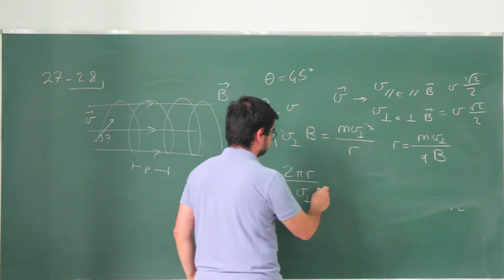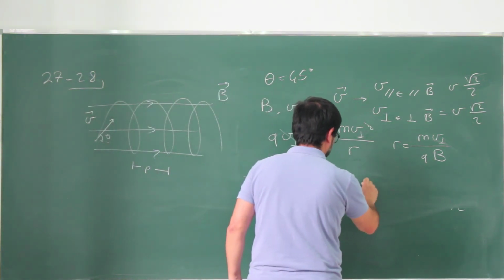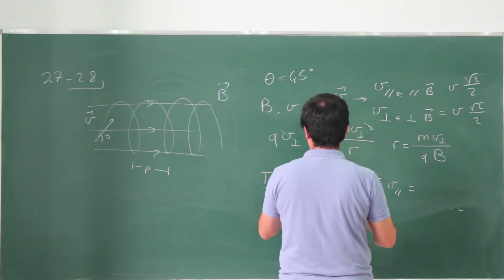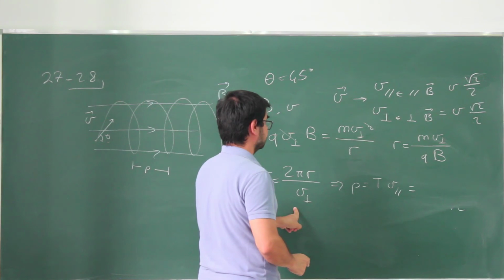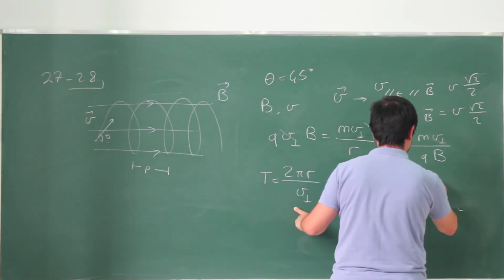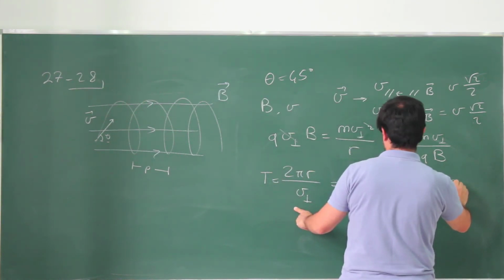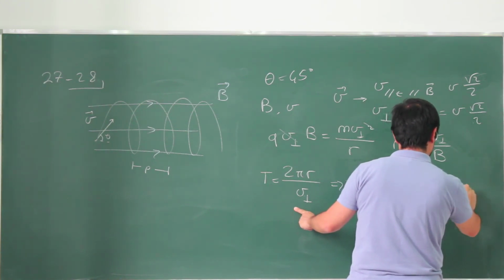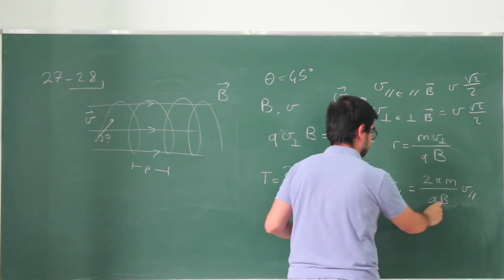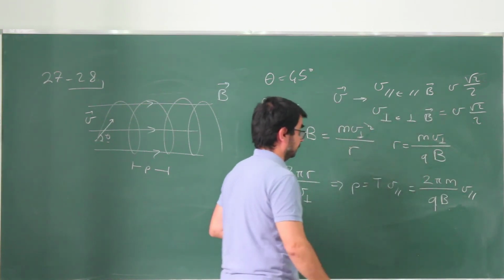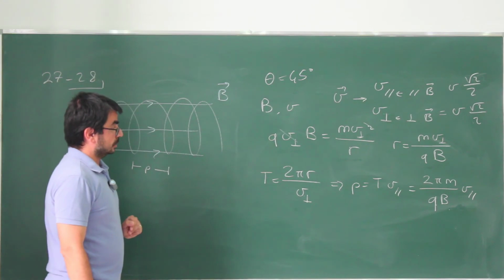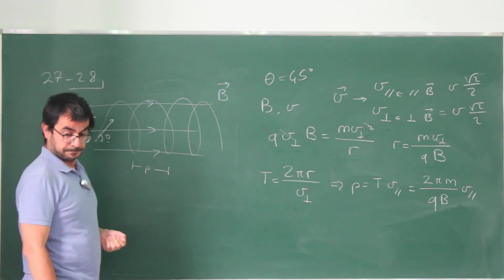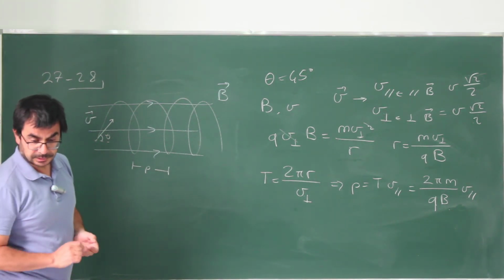And so the pitch distance is T times v parallel, and this T is 2 pi r divided by v_t. So this is 2 pi m over qB times v parallel, which is just v times square root of 2 divided by 2. Okay? So this will be the pitch distance that will take place for this kind of motion. Right? And I think that's all that they're asking in this problem.